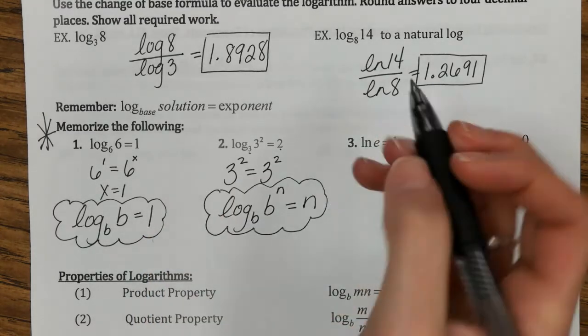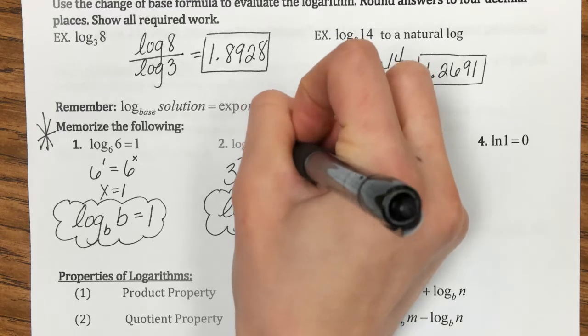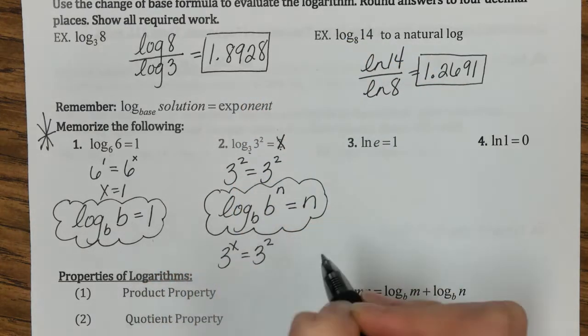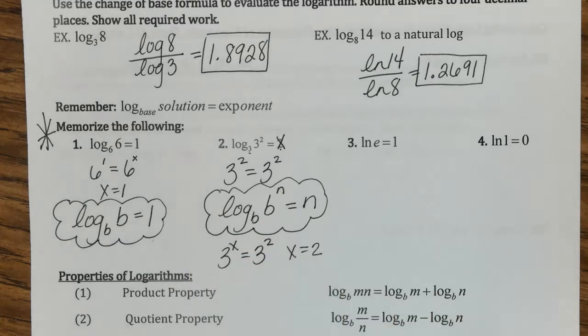So if you need to see it as if this were just an x, you would have 3 to the x equals 3 squared. There's your x equals 2. That's where that 2 is coming from. Okay? So could you work it out? Yes. If you set it equal to x, you could figure it out. But if you just memorize it, it makes your work a whole lot easier.